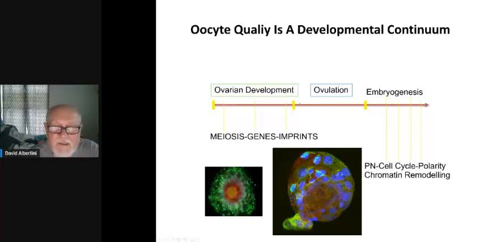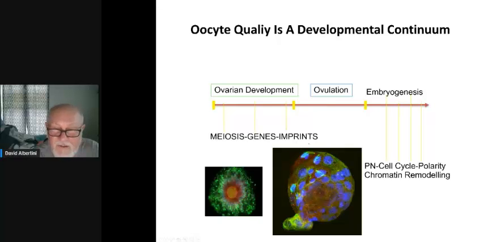In the human, we estimate this to be in the order of 100 days of intra-ovarian development, where the stages of meiosis are essentially blocked at diplotene, and yet gene activation, transcription, and translation of important maternal products have to take place during a protracted growth phase of oogenesis.